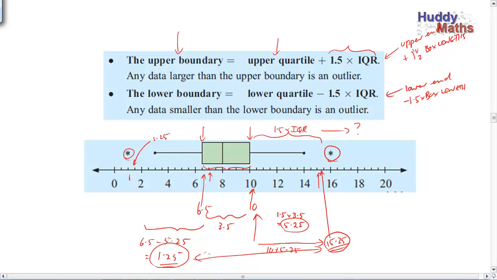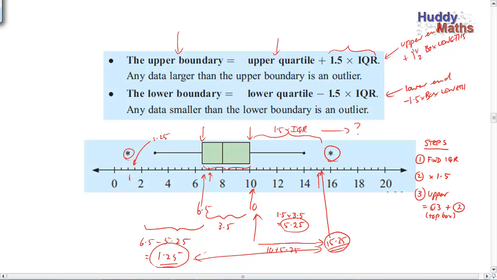Have you got it? Let's put down some steps. Getting pretty crowded here. Steps. Number 1. Find the interquartile range. Multiply it by 1.5. So you've got a number. Then the upper boundary, how far up you can go, is Q3, top of the box, plus the figure from 2, which is 1.5 times interquartile range.